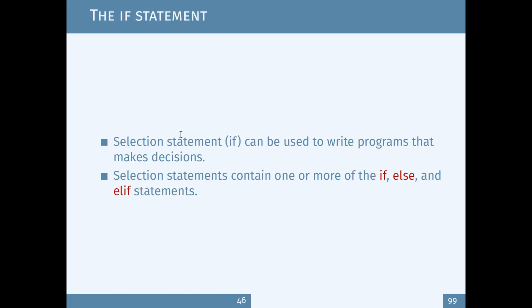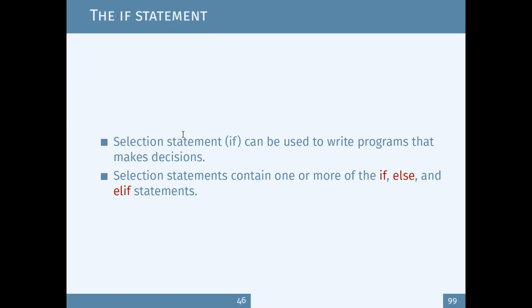Right. Now let's start with the if statement. The if statement is used for selection. Remember the selections we discussed. There will be a condition, and if so, you are going to do something, then else, the opposite.